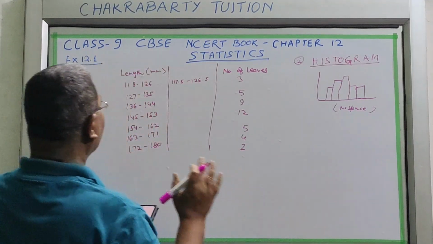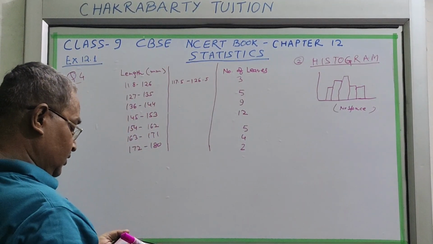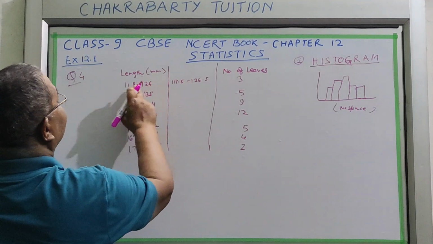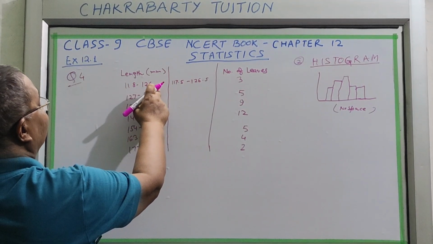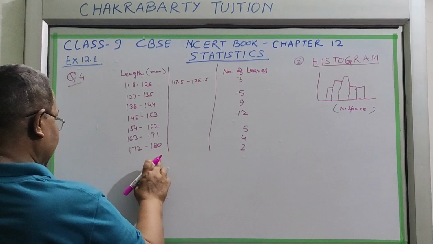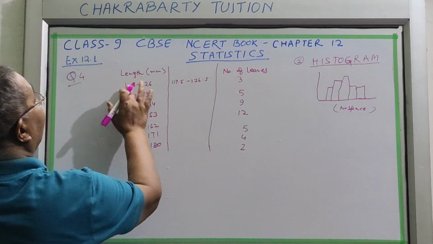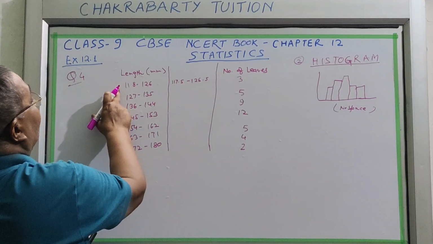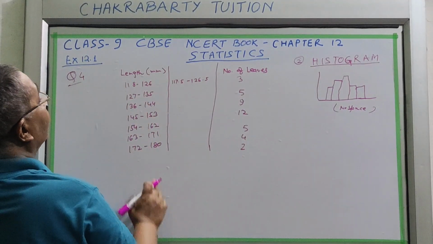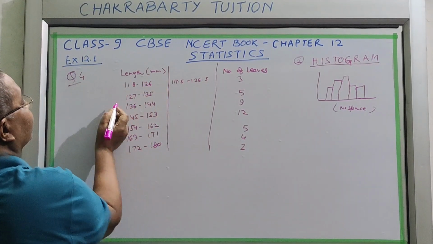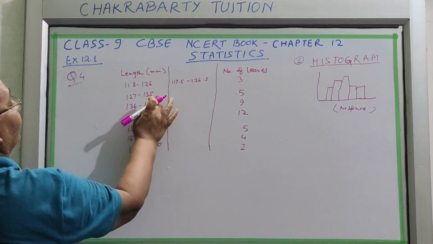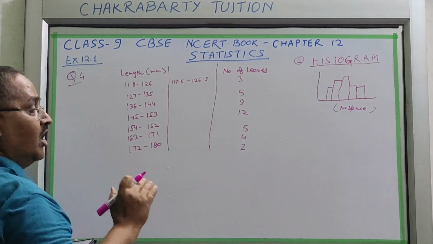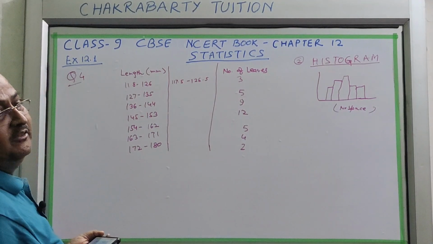Is it clear? Now question number 4. They have given a range 118 to 126. This is known as the class interval. They have given the lower limit first and the higher limit second. Here you see that 126 is not coming here, nor 135, which means this is not a continuous series.